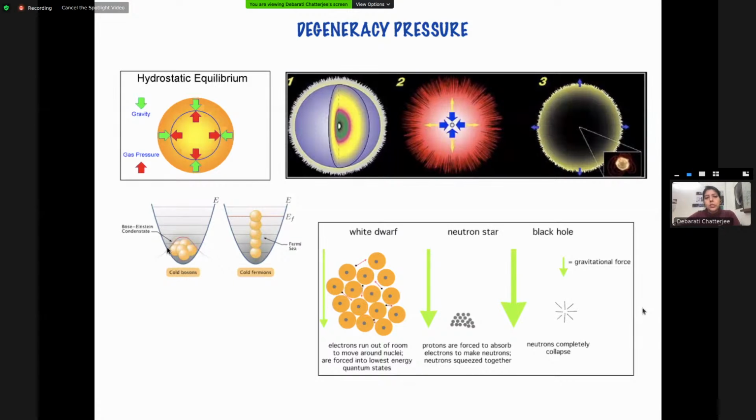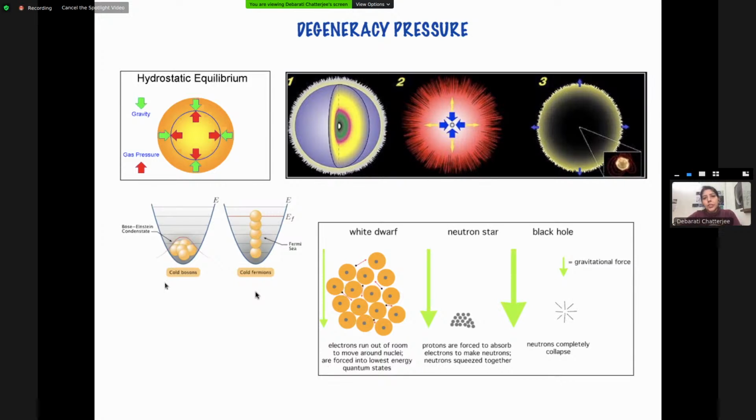Unlike bosons, which can all go to the same energy state at the lowest temperature, in the case of fermions this doesn't happen, and one particle can only occupy one energy level at a given time. This is typical of fermions, and this is called the Pauli exclusion principle.